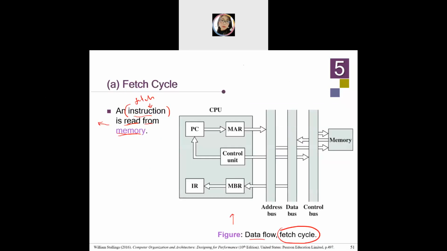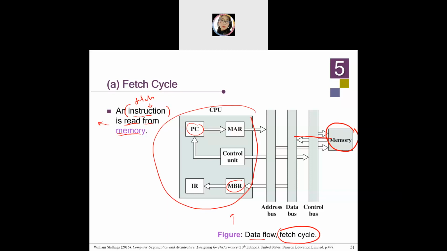First of all, you can see you have MBR here, you have PC here. PC will try to get the instruction from your memory, and it will be sent to your CPU.